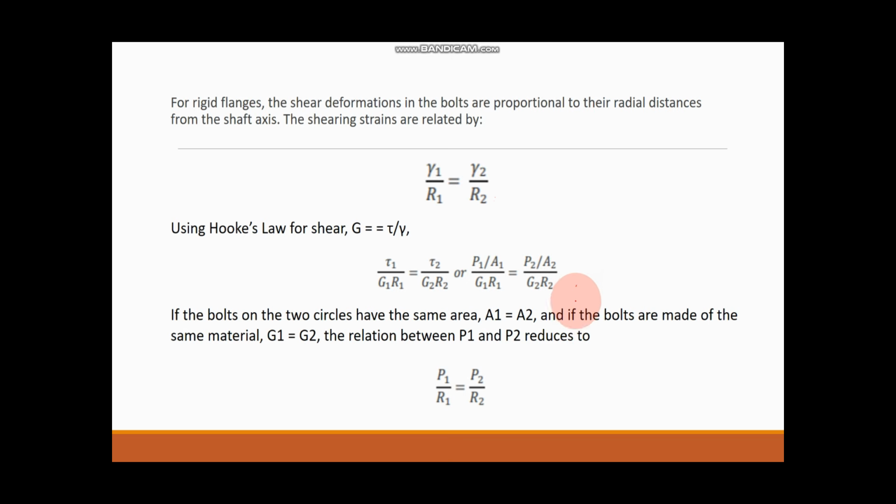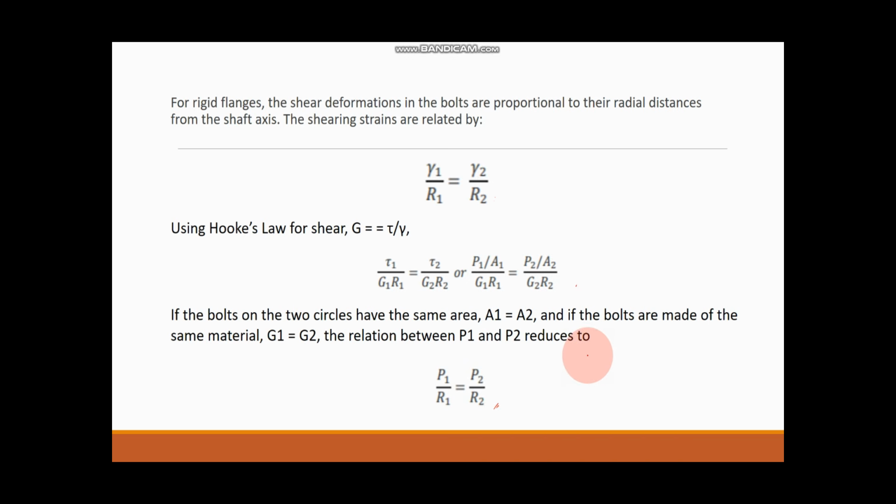Substitution lang. And then, if the bolts on the two circles have the same area, A1 is equal to A2, and if the bolts are made of the same material, the relationship between P1 and P2 is represented by this formula. So this is only applicable if the bolts on the circles have the same area and the bolts are made with the same material.